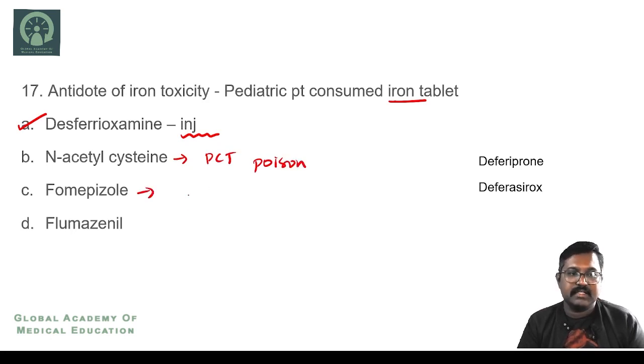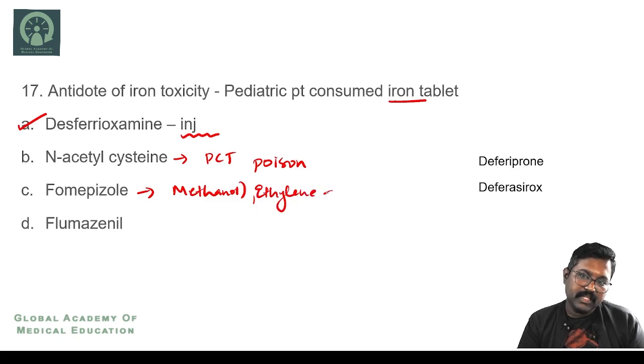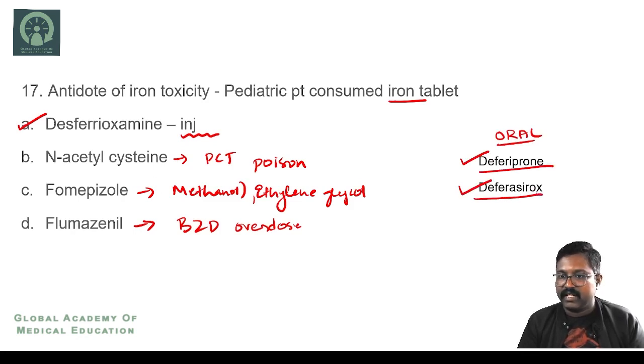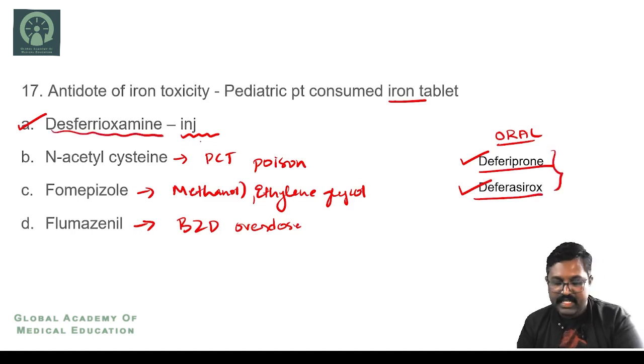Fomepizole is mainly used in methanol poisoning and ethylene glycol poisoning, and flumazenil is mainly used for benzodiazepine overdose. The other drugs which can be given orally in iron toxicity are deferiprone and deferasirox. These are given through the oral route, whereas deferoxamine is given through the injectable route.